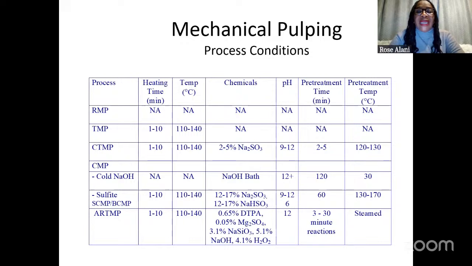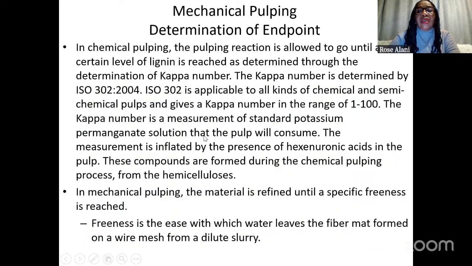In the heating time, the temperature, the chemicals that are used in soaking them, and the pH at which they run, pretreatment time, how long do you pretreat it, do you soak it, and then pretreatment temperature. So all these are here for the different processes.